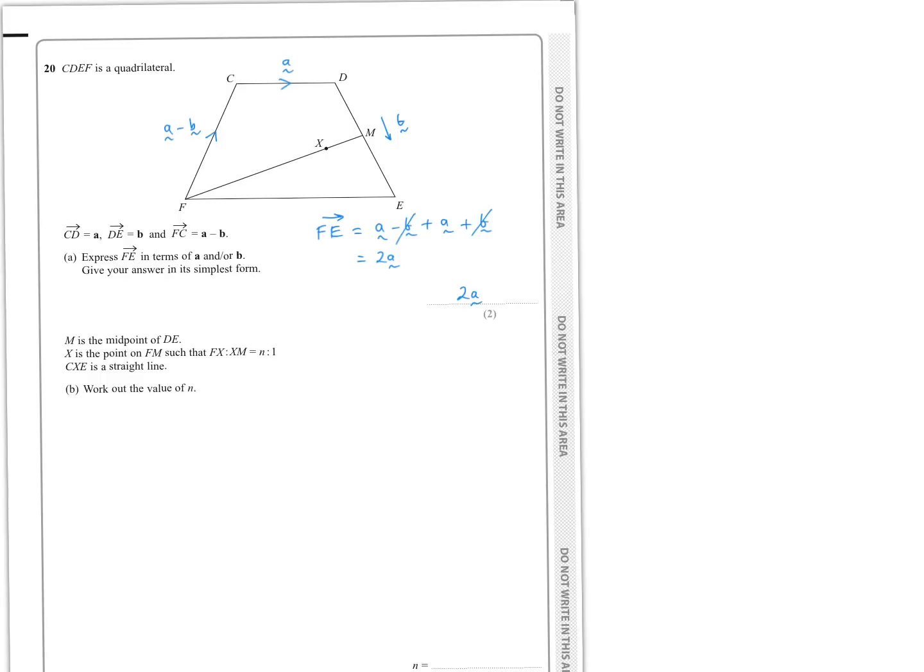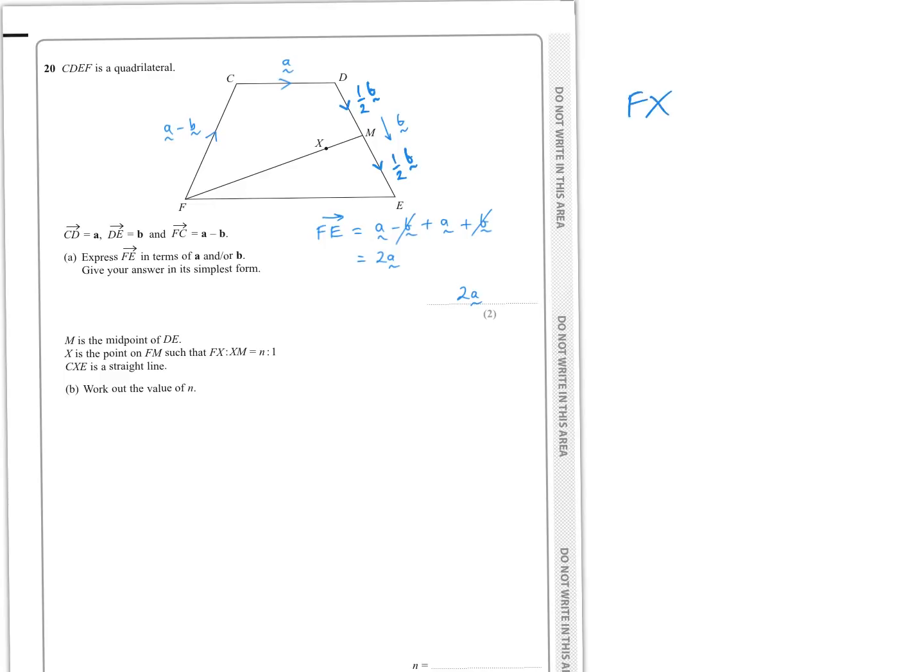It says M is the midpoint of DE. Okay, so there we have it there. So straight away I'm going to put these in as half B. And it also says X is the point on FM such that FX to XM is in the ratio n to 1.